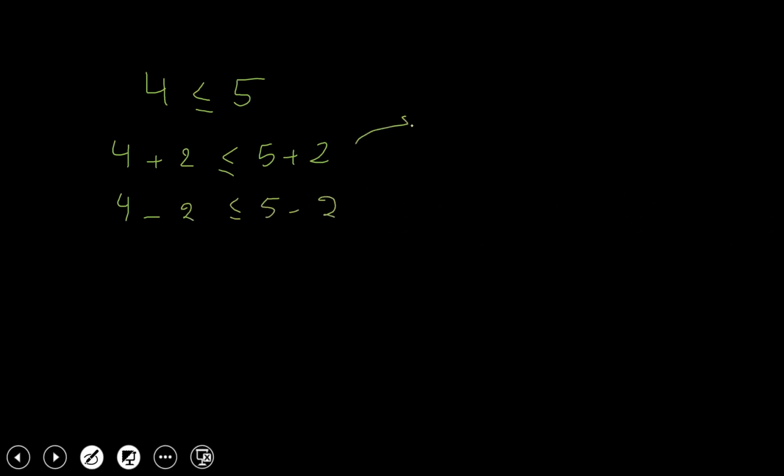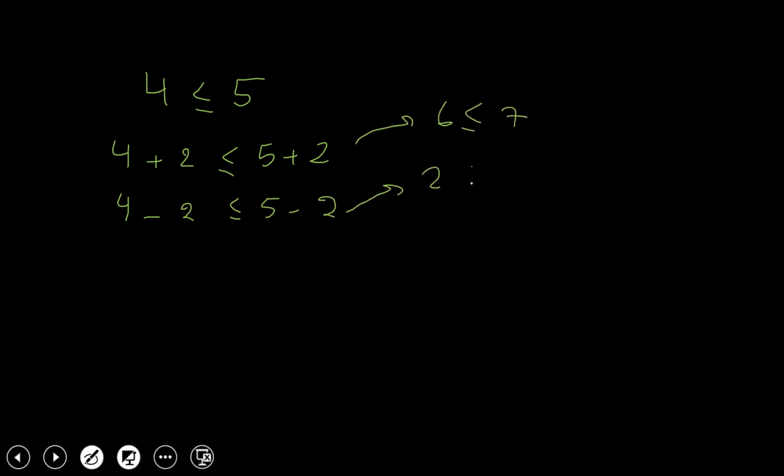Adding, I was writing 4 is less than 5. Adding a certain number to both sides doesn't change the inequality. Subtracting a positive number from both sides also doesn't change the inequality. You can check this. 6 less than 7, true.